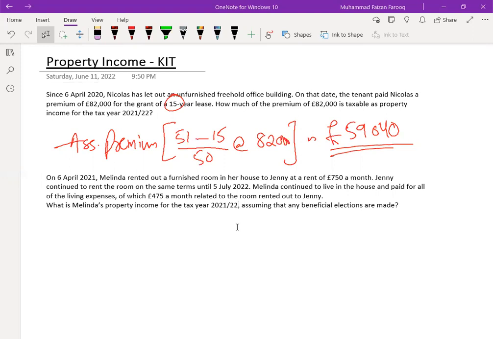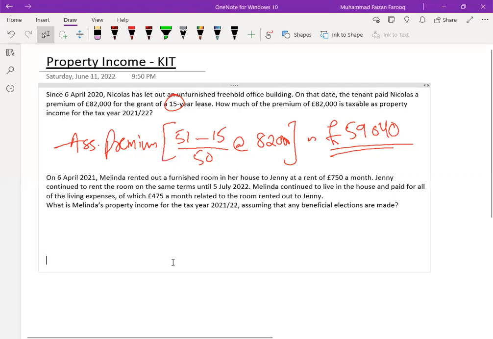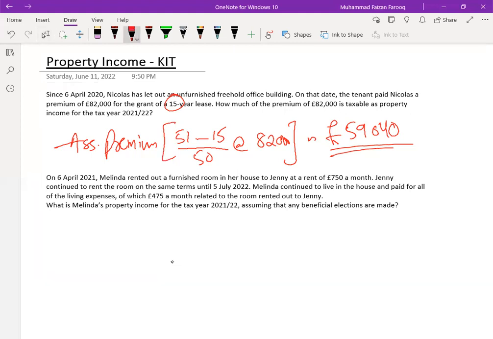Jenny continued to rent the room on the same terms until 5th July 2022. Melinda continued to live in the house and paid for all the living expenses, of which £475 a month related to the room rented out to Jenny. What is Melinda's property income for the tax year 2021 to 2022, assuming that any beneficial elections are made?